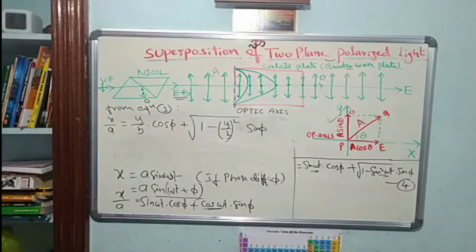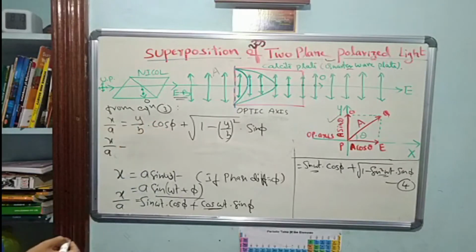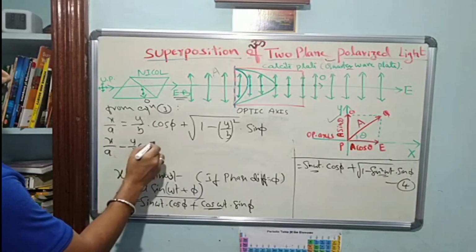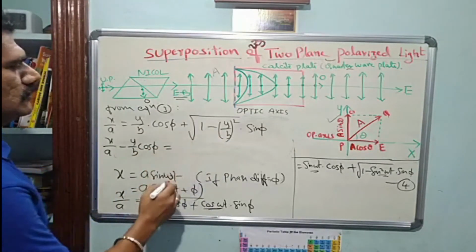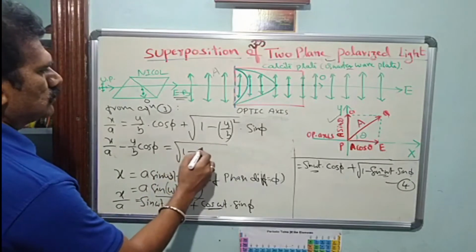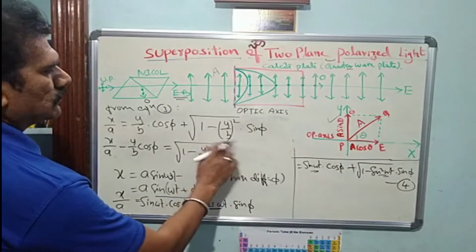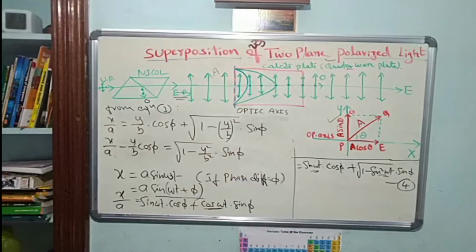So what simplification can you do now? So x by a is left hand side, so you take y by b also in the left hand side, minus y by b cos phi is equal to, left with only square root of 1 minus y square by b square, into sin phi, right?